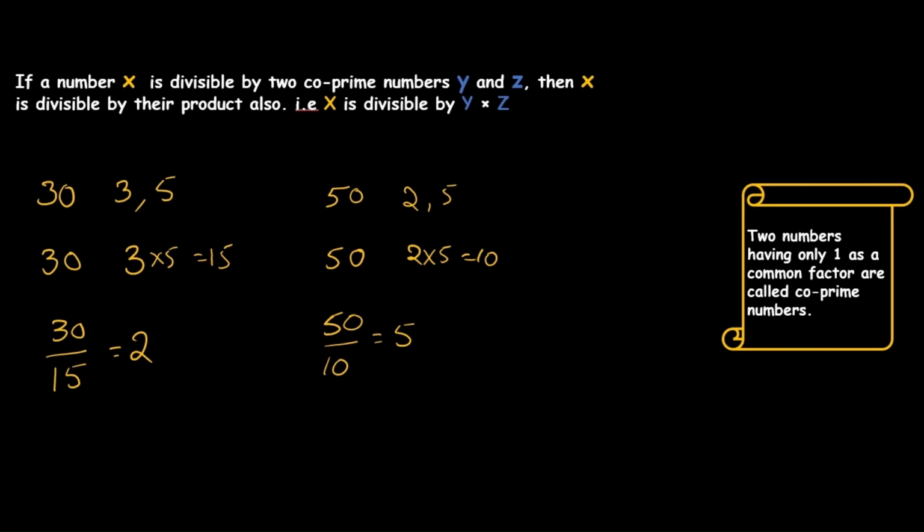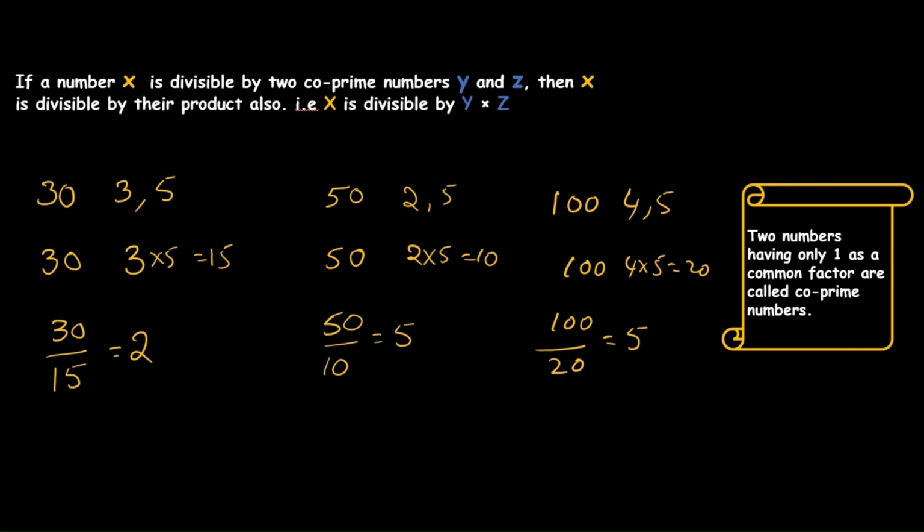Let's take another example, say 100. 100 is divisible by two co-prime numbers, 4 and 5. 100 divided by 4 is 25 and 100 divided by 5 is 20, and the product 4 into 5, 20, should also be able to divide 100. So 100 by 20, as we know, is 5, leaving 0 as the remainder.